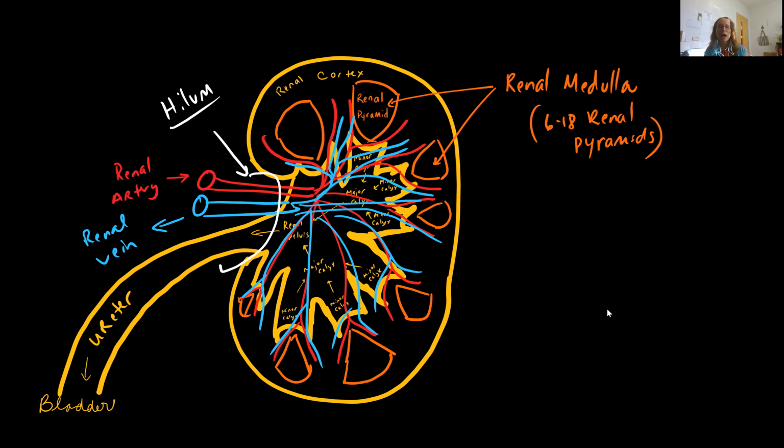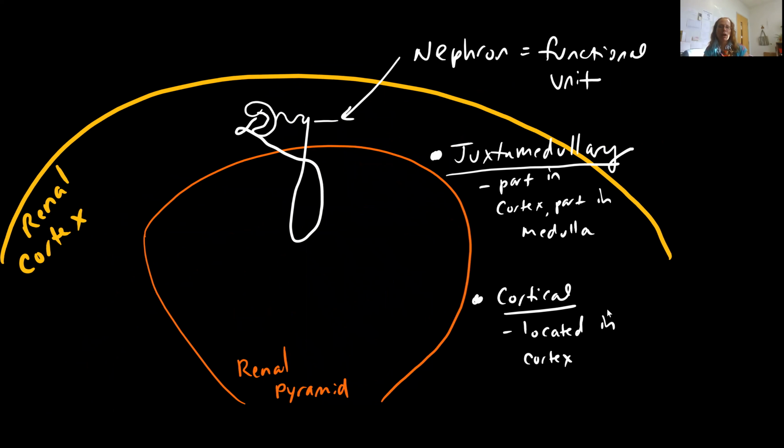Okay. Now we're ready to zoom in on that renal lobe, and we're going to be looking at our structure called the nephron. So here especially, you might want to pull out a textbook artwork because my nephron here looks a little bit crazy, but we are going to be spending an entire video just talking about the nephron, so we'll add in some details.